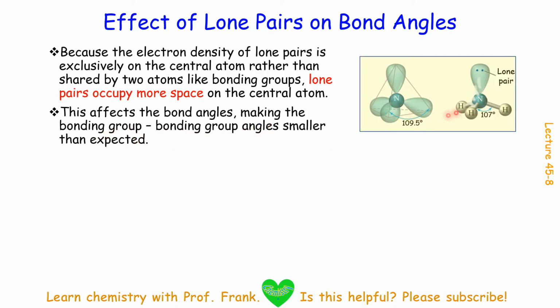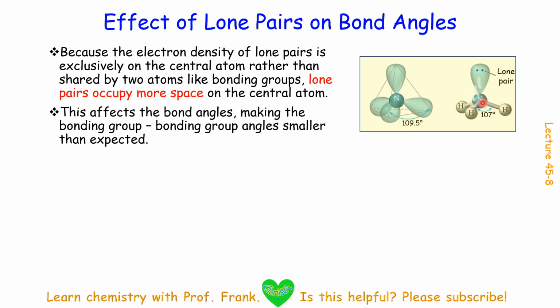Let's take the ammonia molecule again as an example. The electron geometry for 4 electron groups is tetrahedral, and the angle here is perfectly 109.5 degrees. However, in the ammonia molecule, there is a lone pair. The molecular geometry is not tetrahedral anymore, as we already discussed in previous slides.